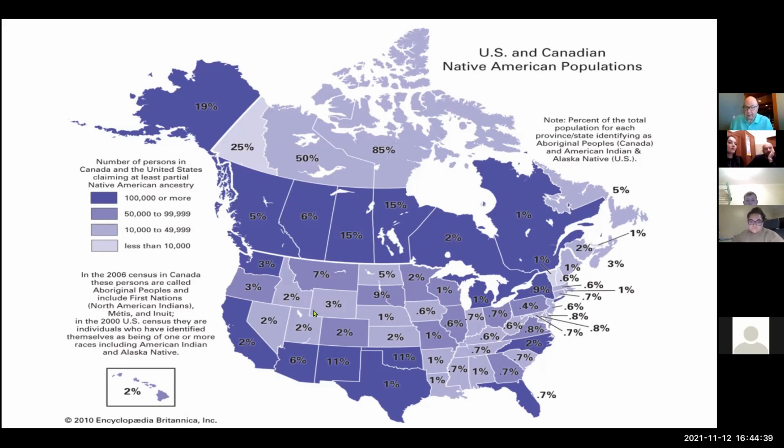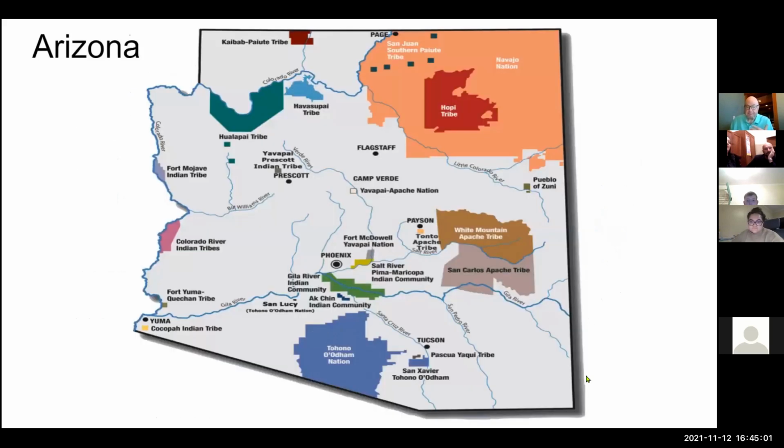And even down here in the United States, New Mexico, 11%, Arizona, where I was just last week, where I was talking to you from, or 2 weeks ago in Arizona, 6%. So you can see, it depends on the state you're in, but as you go to the east, fewer and fewer, not as many Native Americans living in the east.